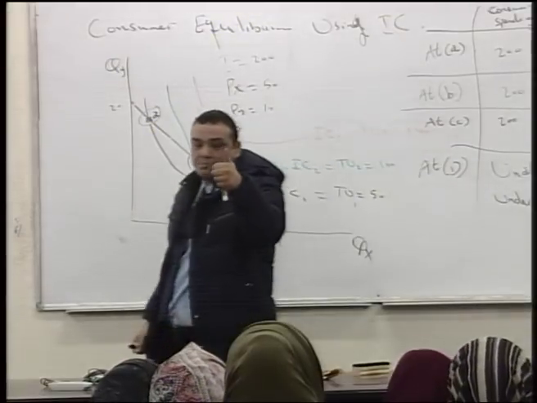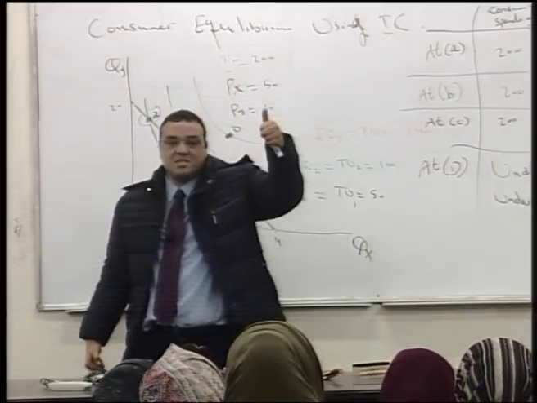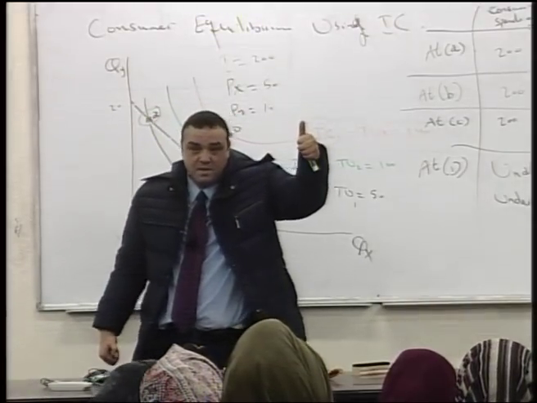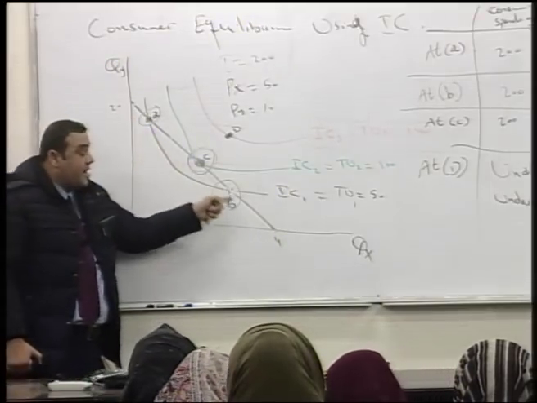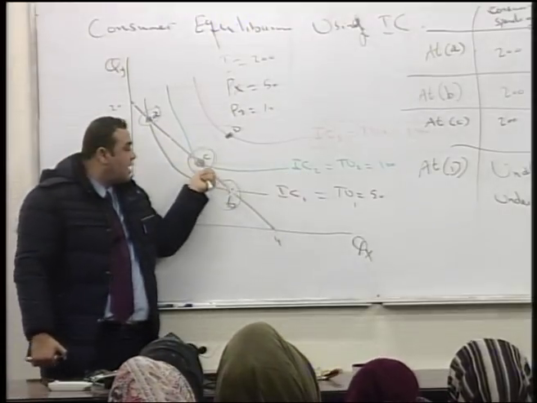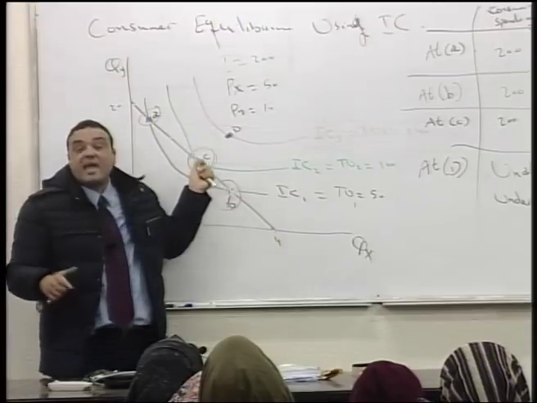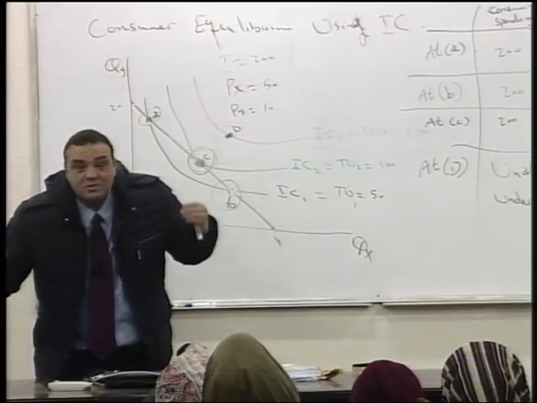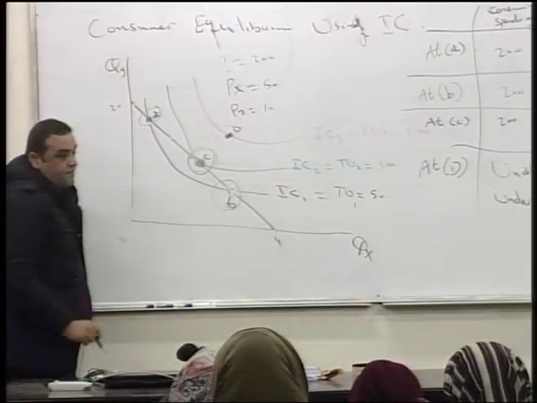The most efficient point, the point that maximizes the consumer equilibrium, is the point at which the budget line tangent, هذا بتقاطع ولا بمسوا تماس؟ تماس بسموها tangency point, نقطة تماس between the budget line and the indifference curve.